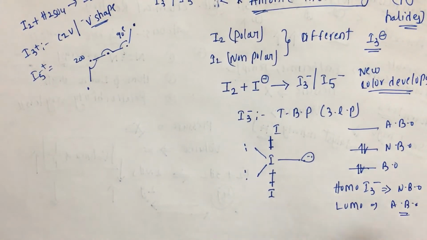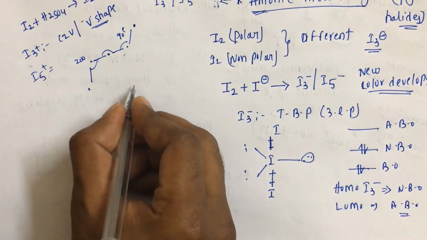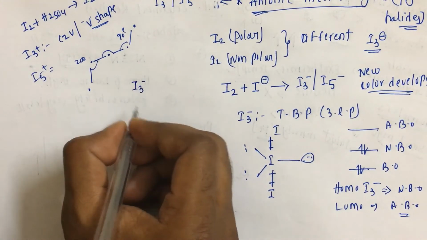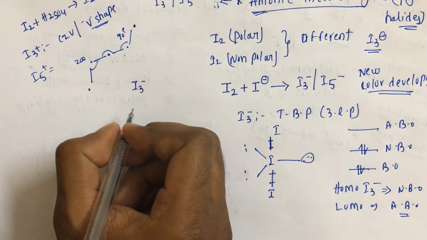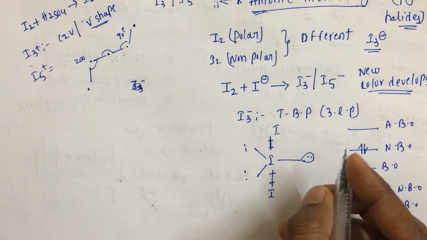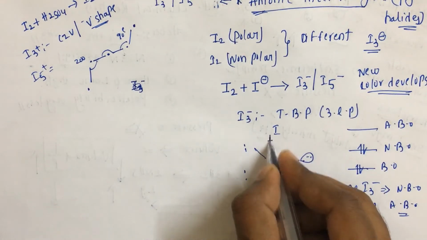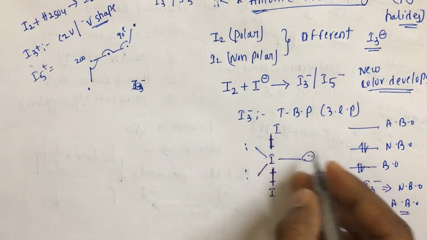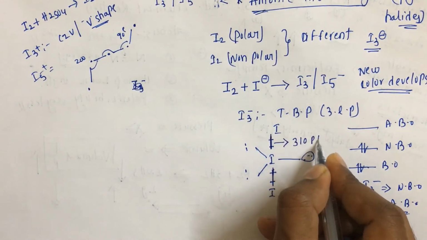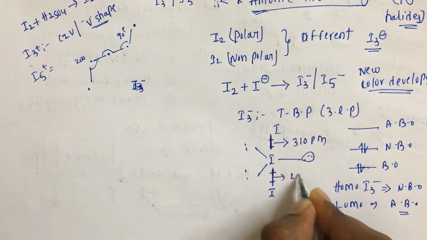Okay, and then the I3- structure. Sorry, this is I3-, right? The bond length of this bond and this bond will show some differences. This bond length will be around 310 pm, and this bond length is around 282 pm.